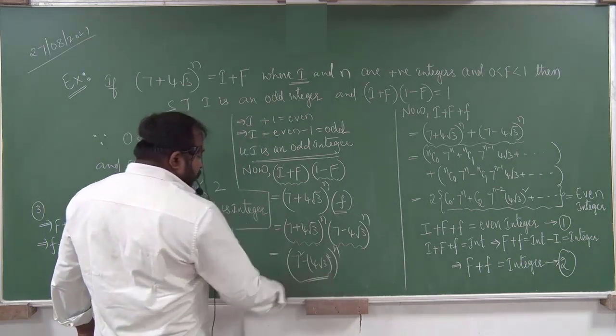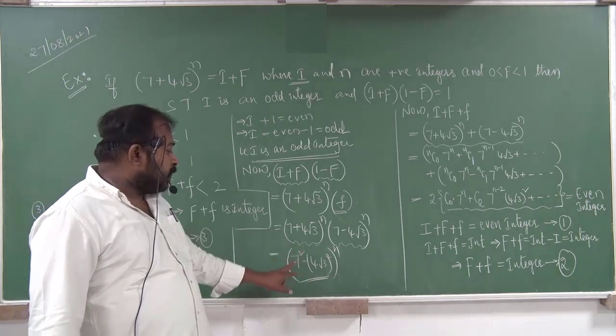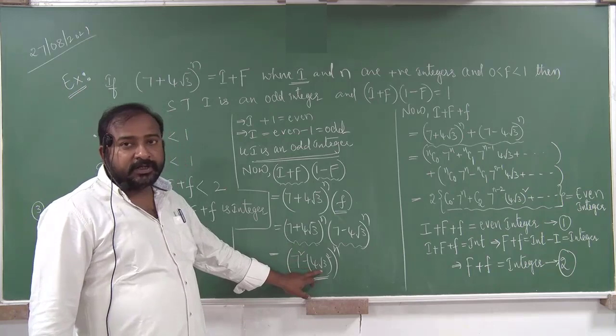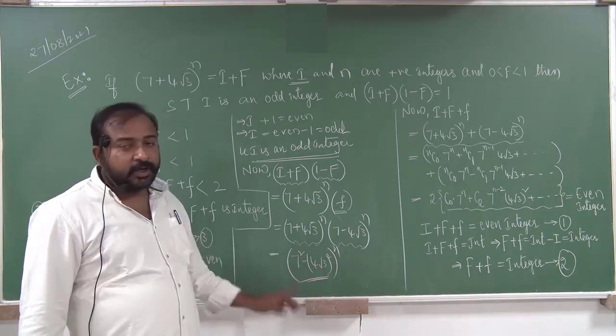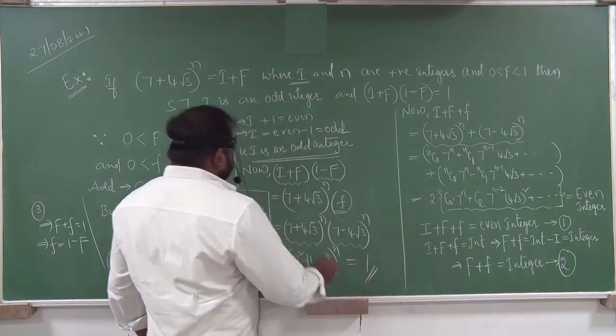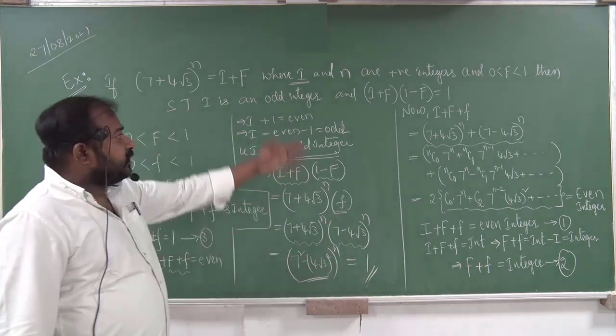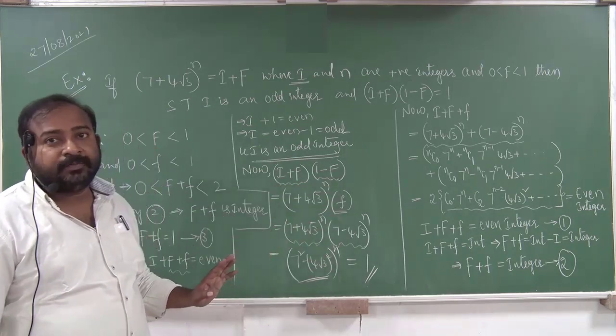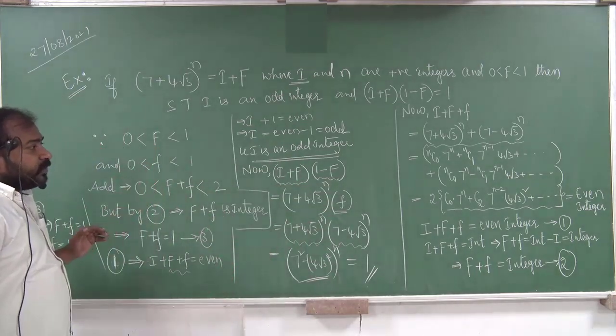Then simplify this total value. 7 square means 49, minus 48. 49 minus 48 is 1. 1 power n means 1 is the value. So this is the second bit: (I + F) into (1 − F) is equal to 1. So this is the bit, ma'am.